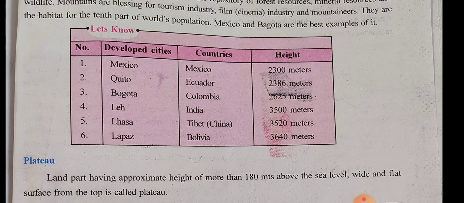So let's know some facts about developed cities, countries and their heights. Mexico City in Mexico country, 2300 meters height. Quito, situated in Ecuador, 2386 meters. Bogota in Colombia, 2625 meters. Leh, situated in Ladakh in India, 3500 meters.